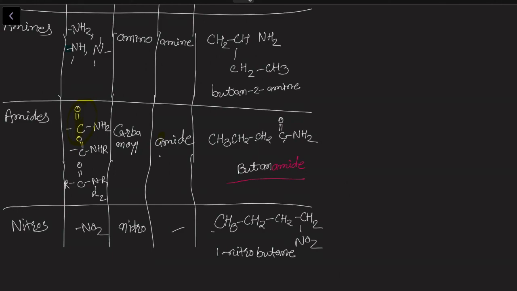The name example we use is butanamide. The last group we learned is nitro, and it is represented by NO2, nitro. It has a prefix, it doesn't have a suffix. The prefix is nitro, the name itself, and the example we learned is 1-nitrobutane.